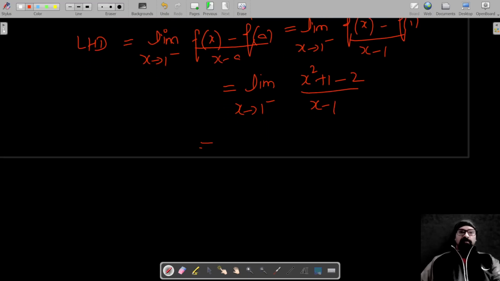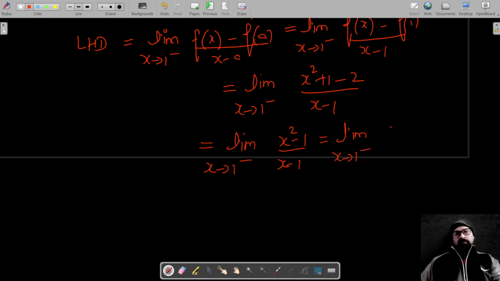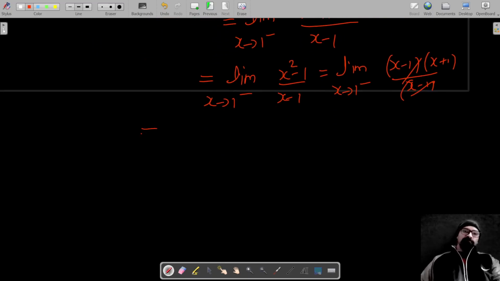1, which becomes the limit as x tends to 1 negative of x squared minus 1 upon x minus 1. This is a squared minus b squared, so a minus b into a plus b upon x minus 1, which gives me x plus 1.